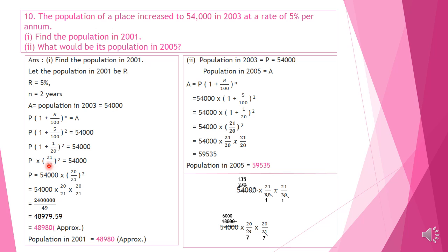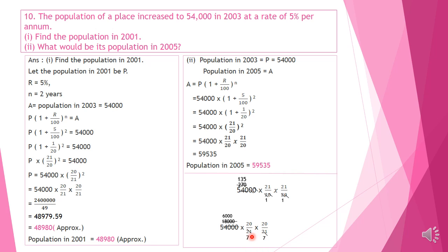So on the opposite side, 21 by 20 changes to 20 by 21. Okay children. And now it is 54,000 into 20 by 21 into 20 by 21. Now we have to simplify. How have we simplified? See here, it is written on the right side. 54,000 into 20 by 21 into 20 by 21.